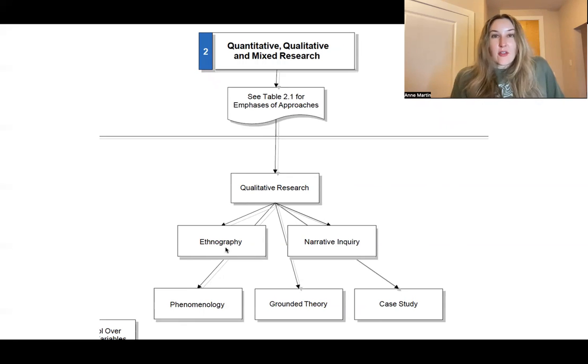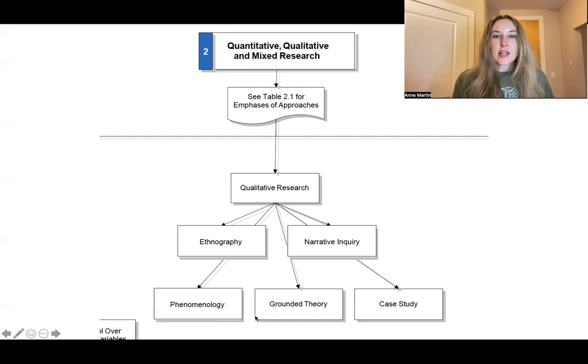Like maybe an ethnography of a particular school, you want to know all about the culture, whereas phenomenology is the essence of a particular life event or experience, like even the phenomenology of being a teacher. So it's related to some type of identity or occupation, something like that.